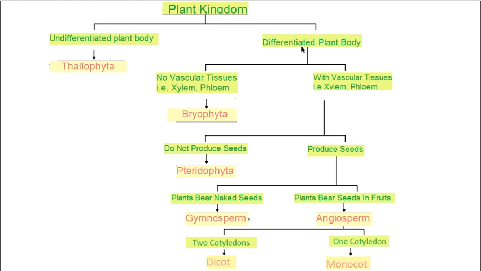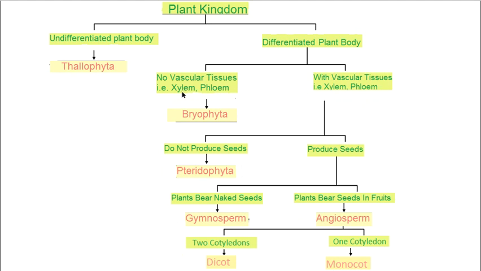Now again, the differentiated plant body is divided into two categories. First is no vascular tissue, the plants which do not have any vascular tissue, and with vascular tissue, means plants which have vascular tissues in them.